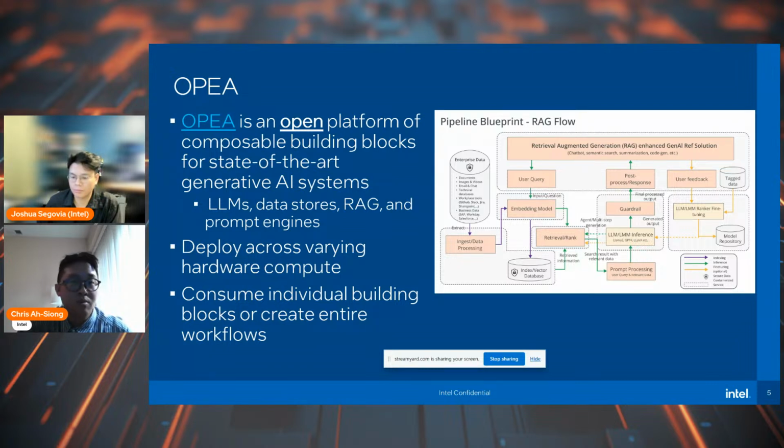Instead, they can consume individual components or construct entire workflows from OPEA with remarkable ease. And whether enterprises are working in the cloud, on-premise, or at the edge, OPEA's deployment versatility and flexible architecture allows you to run your applications and workloads everywhere.